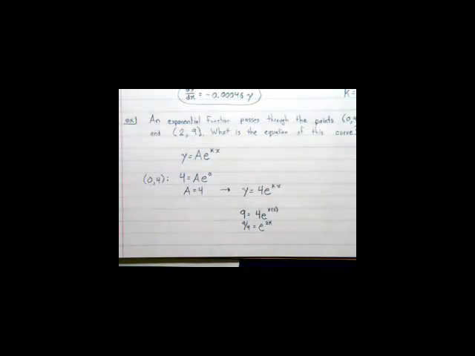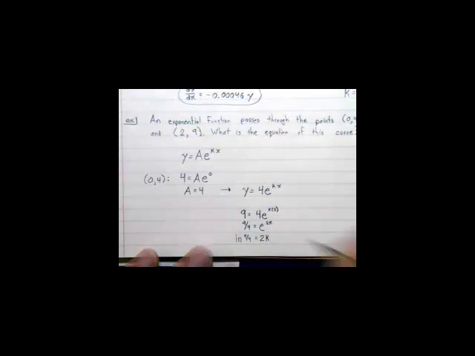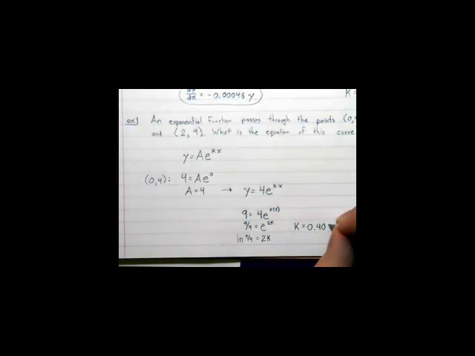Right, yeah, the natural log of 9/4 equals 2k. So, natural log of 9/4, whatever you get from that, divide that thing by 2. I should have it. Yeah, so k is equal to 0.405.